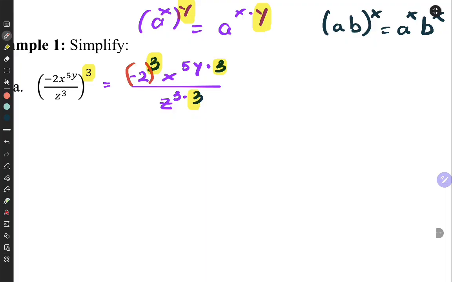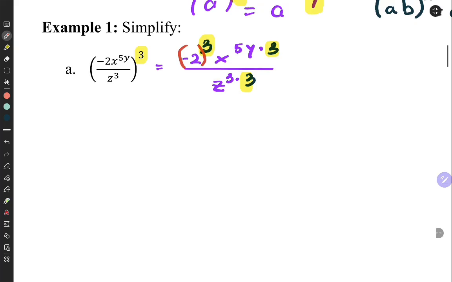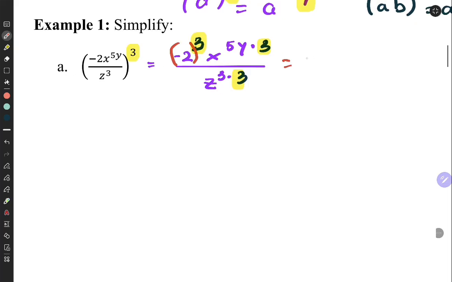Anyway, keep going. So we have that parentheses, and yes, you just told me that is negative 8. x to the power 5 times 3, 15. y to the power 3 times 3, 9. And then there you go. That's it.